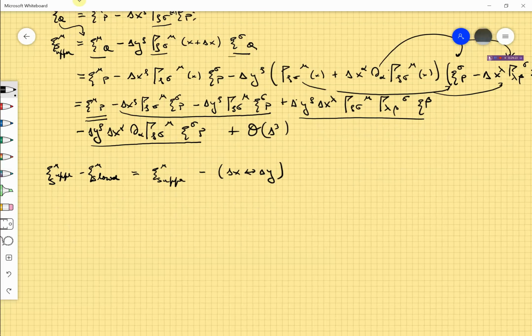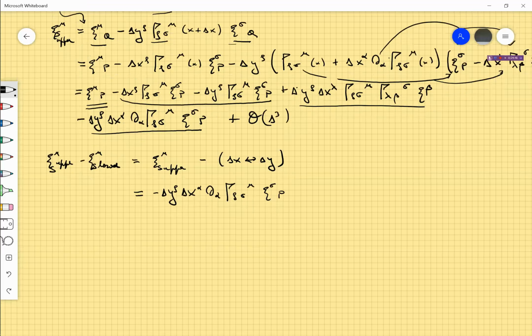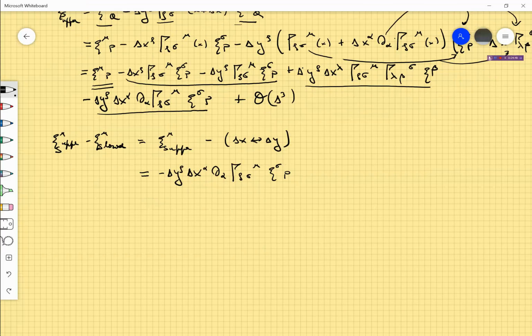So these are the terms that maybe will survive, and let me start with this one. Okay, I will do it step by step. So first, this is what we got from the beginning, rho sigma mu and psi sigma p. Then I will have to subtract a term that I obtained by replacing delta y by delta x. But this is the same as subtracting a term that I obtained by replacing rho with alpha.